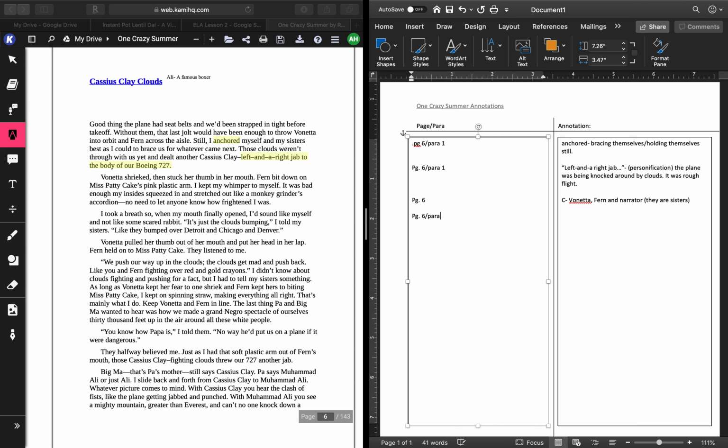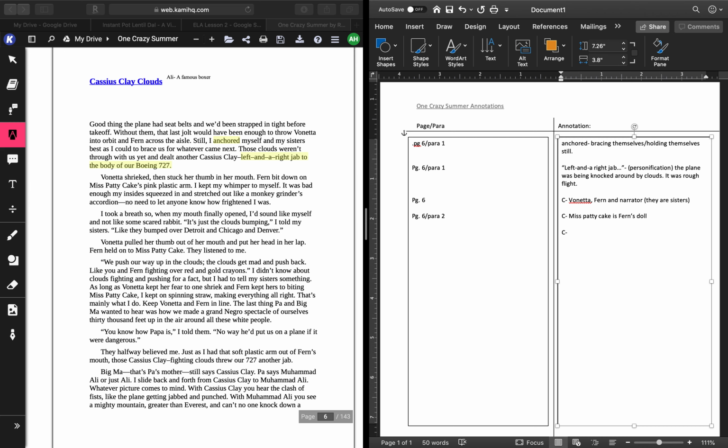So now we're going to put paragraph 2 because we're in a new paragraph here. So now for character, we're just going to put Miss Pattycake is Fern's doll. We have some more character traits that we can do with page 6. We know that Fern bit down and she has a baby doll.